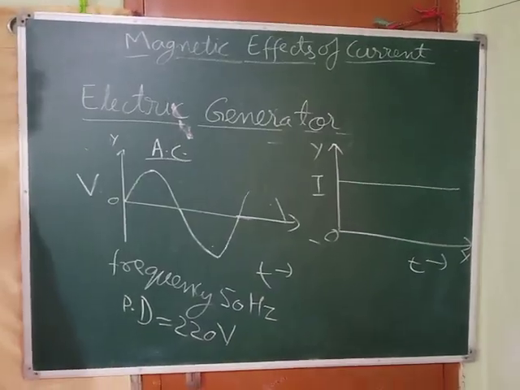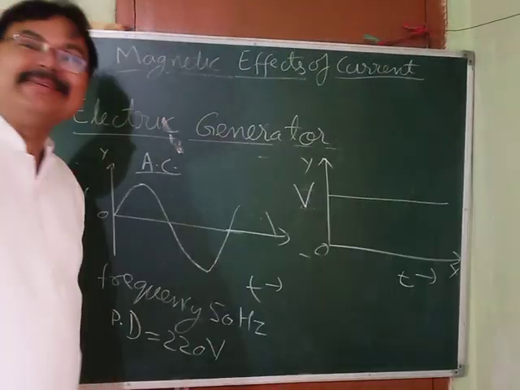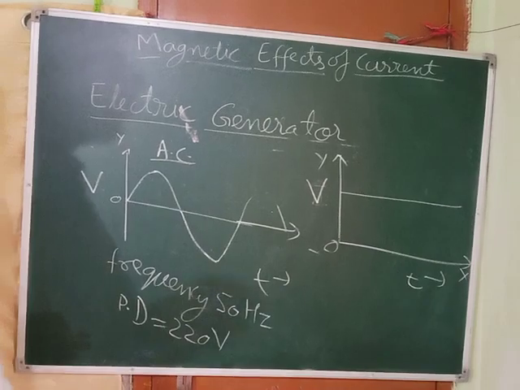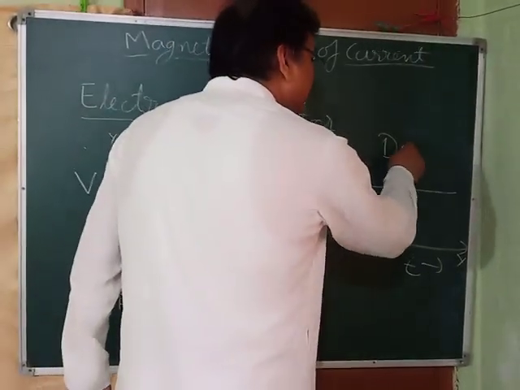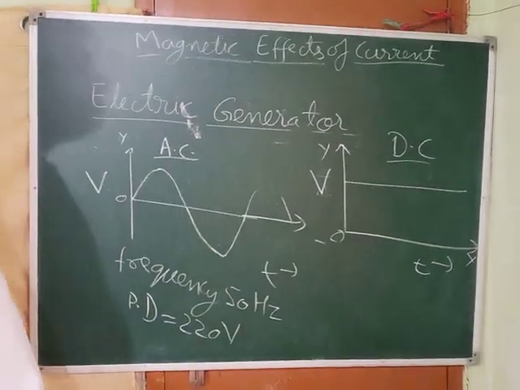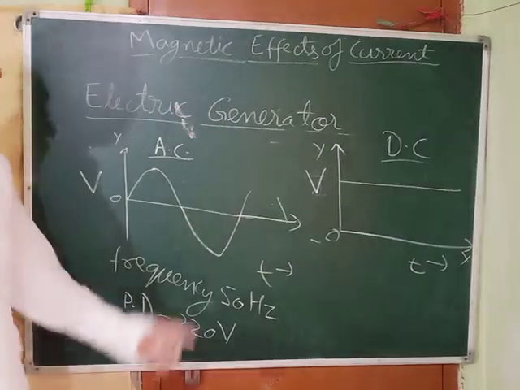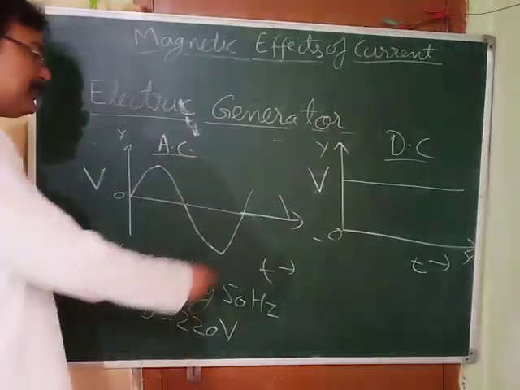That's what happens with the DC. If you are taking potential difference, it is also constant. So either you take current or you take potential difference, both are constant in case of DC. Direct current we receive from battery, cell. And alternating current we get from household supply or our generators.